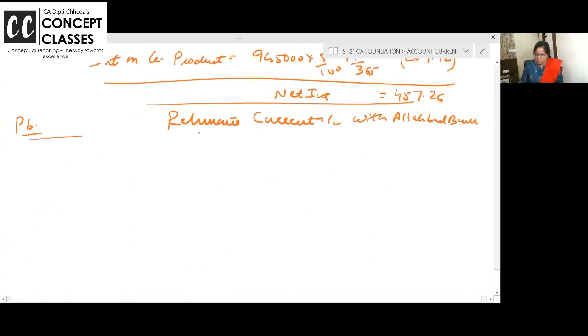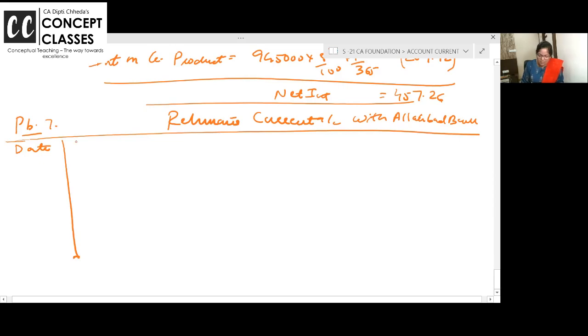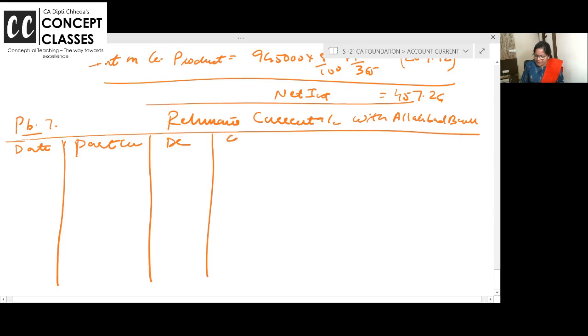Start now with date, particulars, first date, particulars, debit and credit amount.